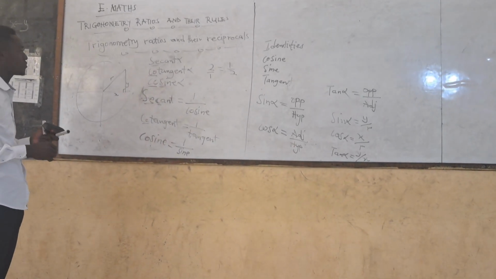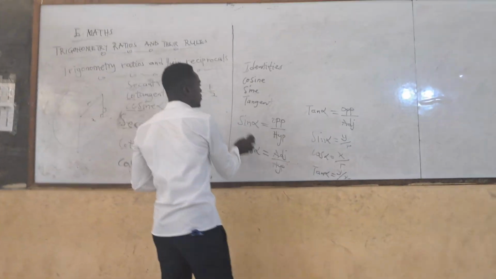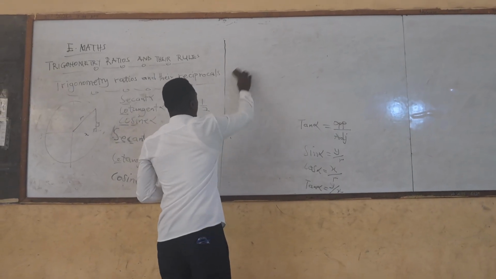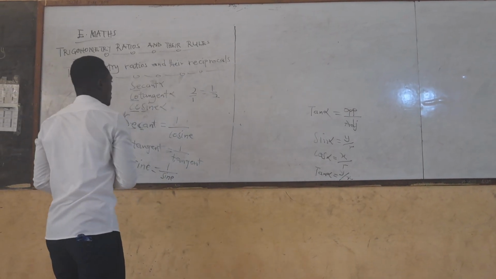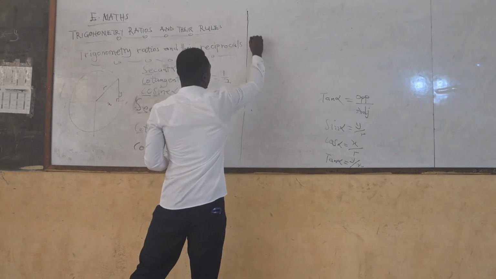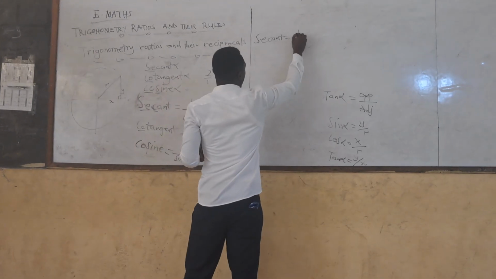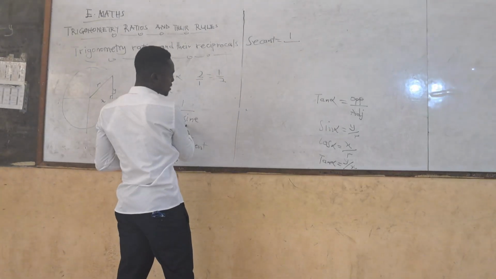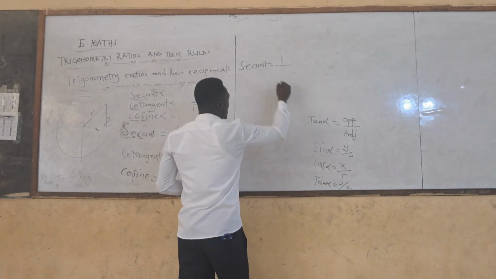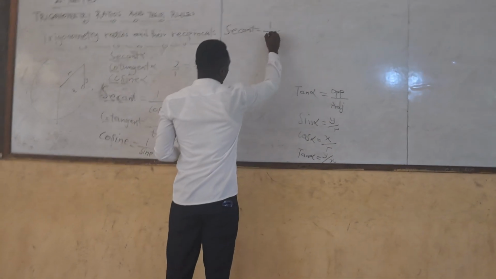Now, if that's so, let's put them together. Let's take this one. Secant is equal to 1 over cosine. But what is cosine? Cos has a ratio x over r.